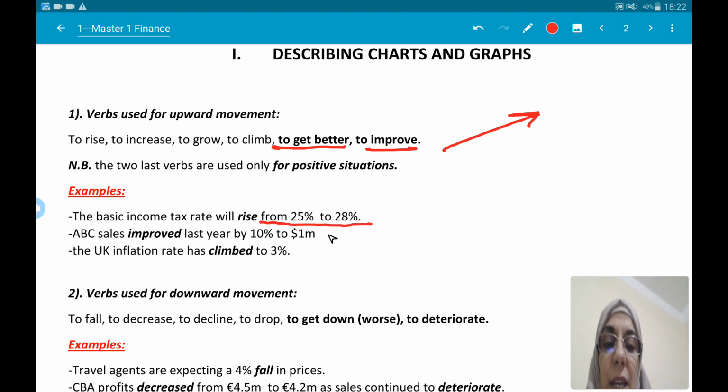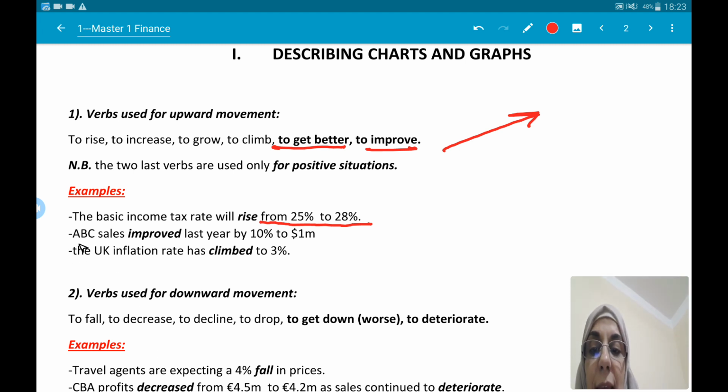It depends on the graph or on the chart. So the basic income tax rate will rise from a status to another, from a position to another. When I say to rise, it means the very first number should be less than the second one. It means that the first number is less than the second number or the second percentage.